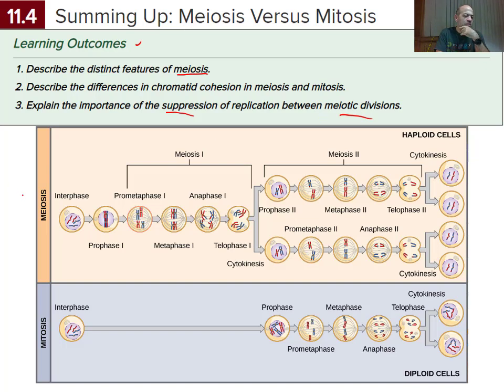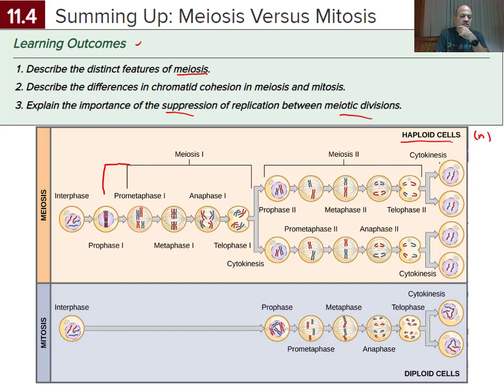I found this diagram. It's extra, other than what's in your book, and it compares the two side by side. For meiosis 1, this bracket should actually come out to here, starting with prophase 1, going all the way to telophase, cytokinesis, and then meiosis 2 to get your haploid cells, symbolized by 1N.